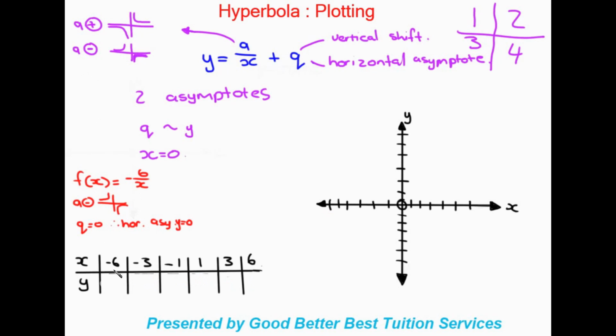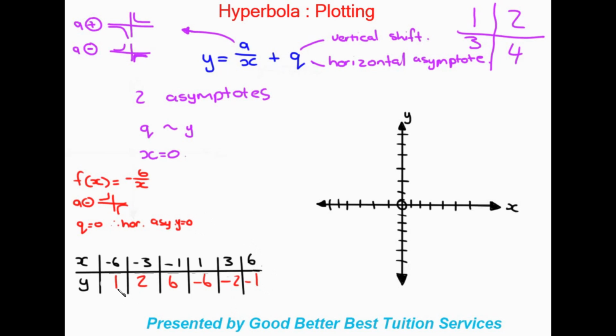What's happening is we are substituting this into the equation. So -6 divided by -6 gives me +1, -6 divided by -3 gives me +2, -6 divided by -1 gives me +6. Then moving on, -6 divided by 1 gives me -6, -6 divided by +3 gives me -2, and -6 divided by +6 gives me -1.